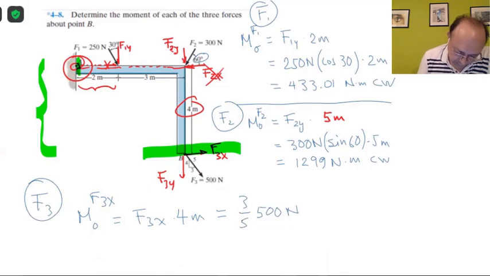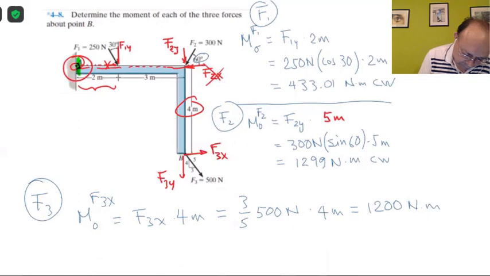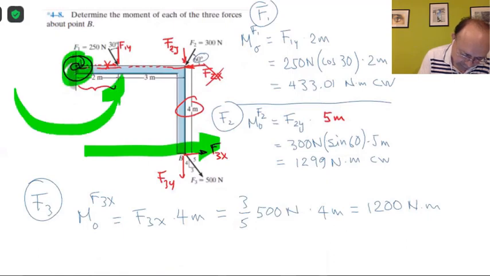That's the F3x multiplied by 4 meters. So this is equal to 300 times 4, 1200 newton meters. And that force F3x is in this direction. The rotation with respect to point O here will be like that, counterclockwise.